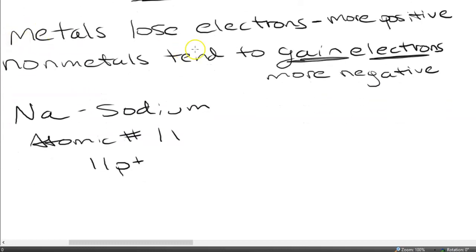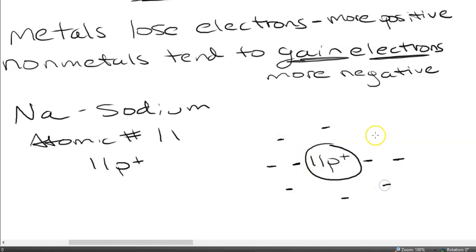If I were to draw sodium, it would have 11 protons inside the nucleus. I'll draw a circle for the nucleus. That means it's going to have, as an atom, 11 electrons. So 1, 2, 3, 4, 5, 6, 7, 8, 9, 10, and then it has 1. There's that 11th electron way out there on the outside.